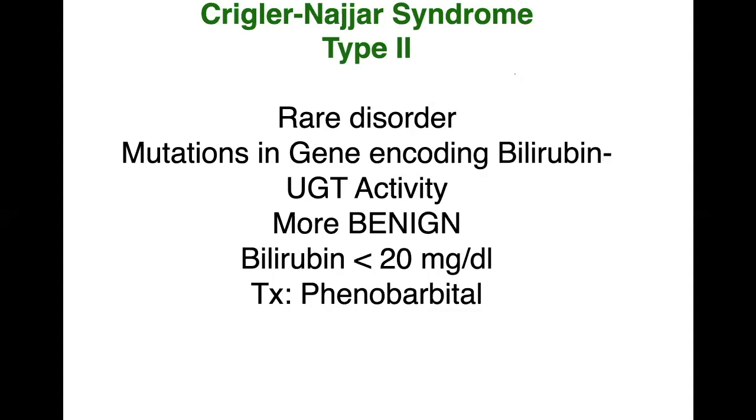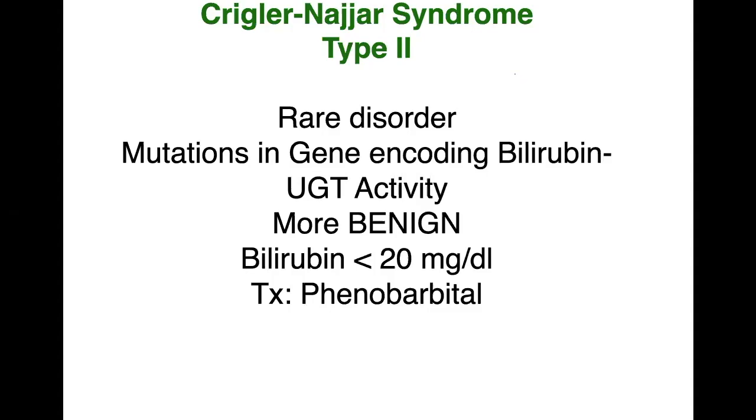Now, Crigler-Najjar syndrome type 2 is another rare autosomal recessive disease, also with mutations in genes involving bilirubin UGT activity. Compared to type 1, type 2 is more benign and the bilirubin levels do not exceed 20 milligrams per dL.